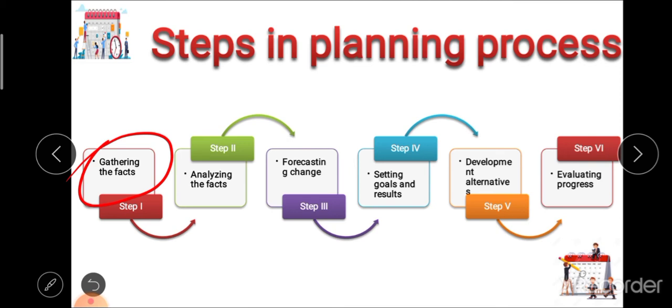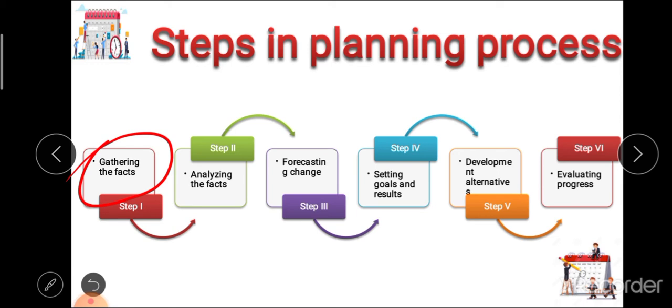After that, the next step is analyzing the facts. Analysis should give the answer to questions like where are we and how did we get here.